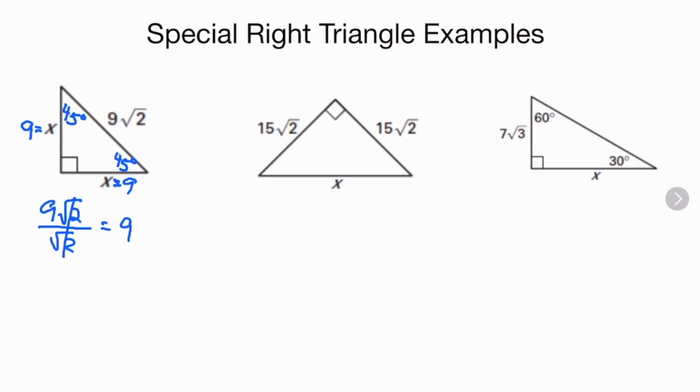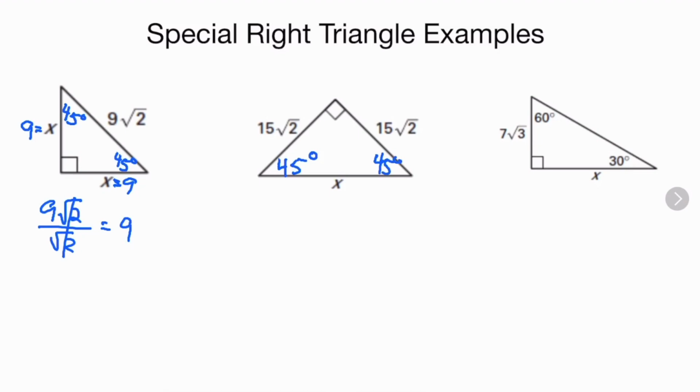In our second example, we've got the same situation where they haven't told us if it's a 45, 45, 90 or a 30, 60, 90, but I can see that it is isosceles. Those are the same length. So once again, the only way I can have an isosceles right triangle is if the two base angles are 45 each. In this case, I know the side and I want the hypotenuse.